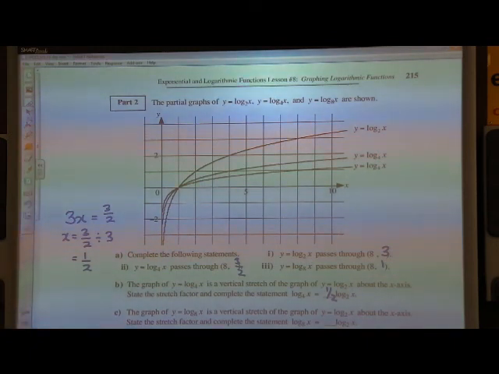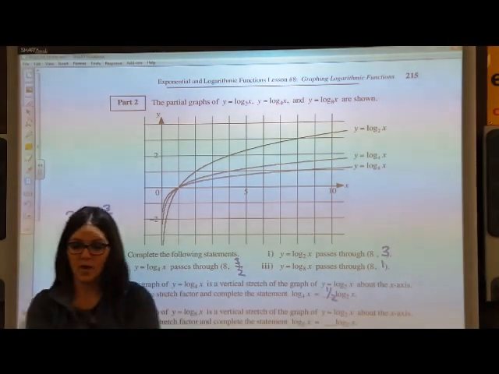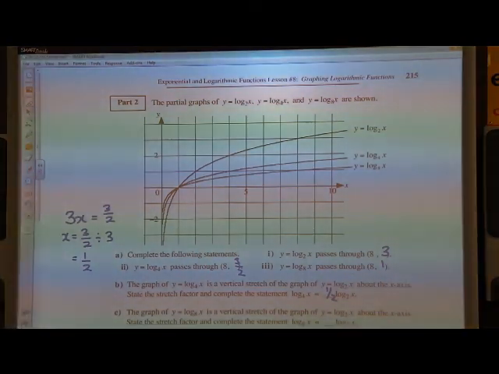It says the graph of log base 8 is a vertical stretch of log base 2. What would I multiply 3 by to get to 1? 1/3.